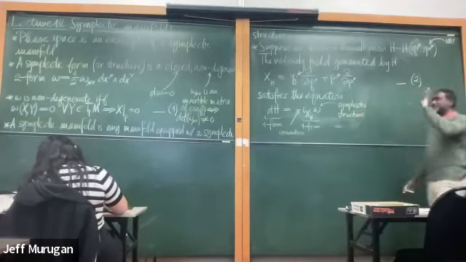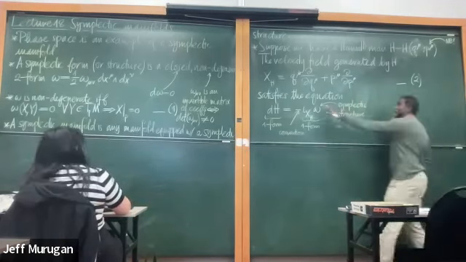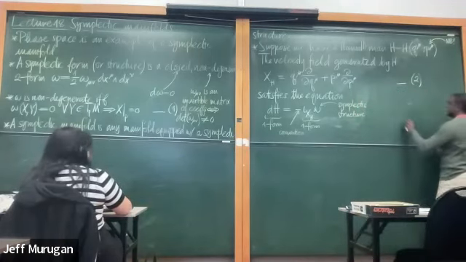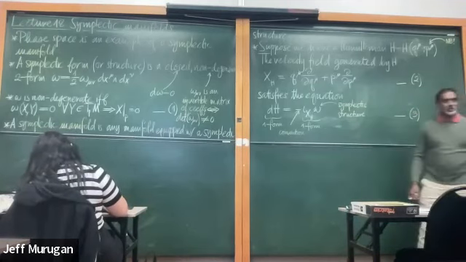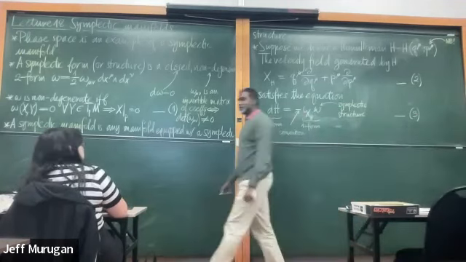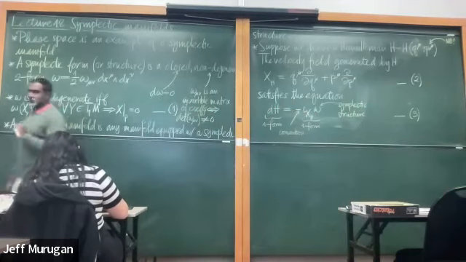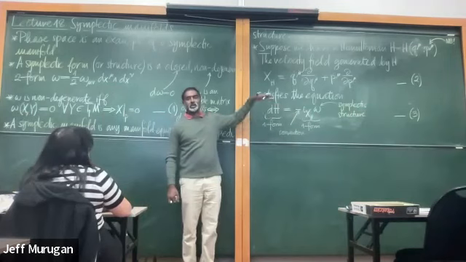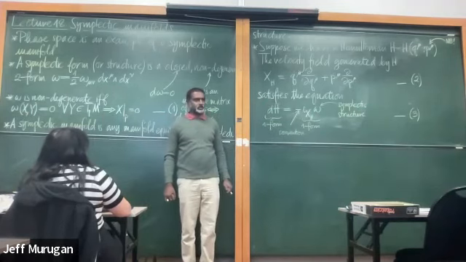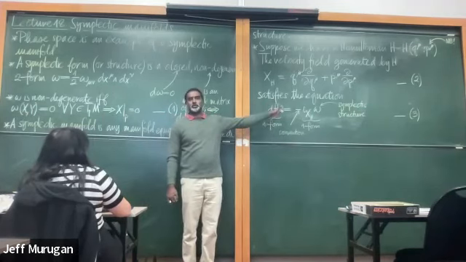So let me show you that this equation, equation 3, is nothing but the Hamiltonian equations we discussed. This here is a coordinate invariant formulation of the Hamiltonian equations. I don't have to tell you anything about coordinates.